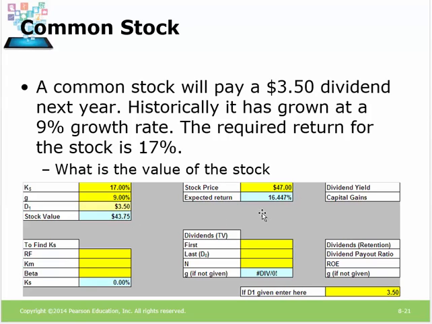If you did, you would be expecting to earn around 16.45%, but you required 17%. So this stock is actually a bad investment. You should not purchase this stock for an investment portfolio. You're not going to be compensated for the risk that you see in the stock.